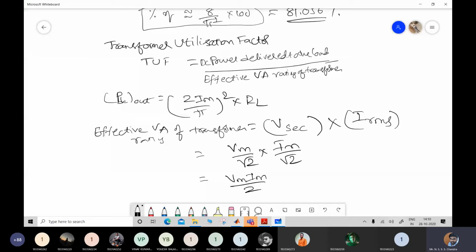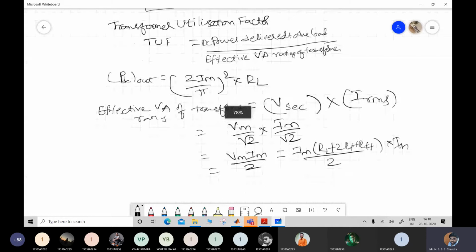Again your Vm will be equal to Im into (RL plus 2RF plus RTF). So it will be Im square by 2 into (RL plus 2RF plus RTF).